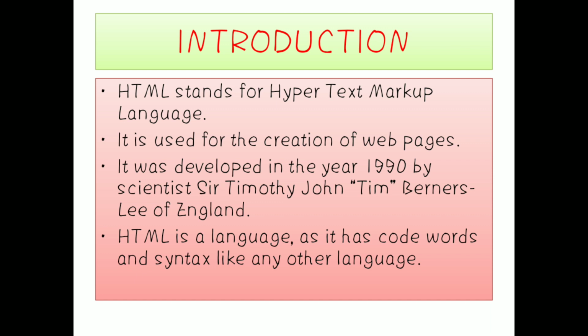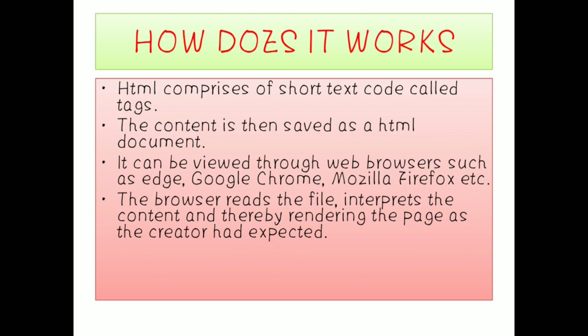Next. Basically, how does HTML work? HTML consists of small short text, which is enclosed within angle braces, called tags. Whatever content we write is stored as an HTML document.